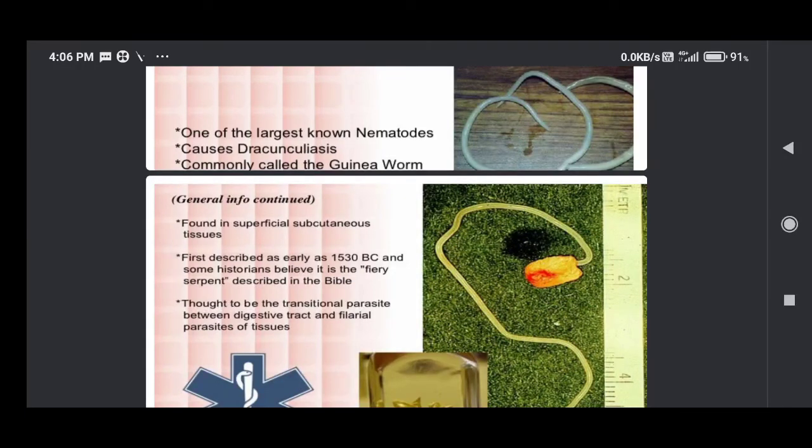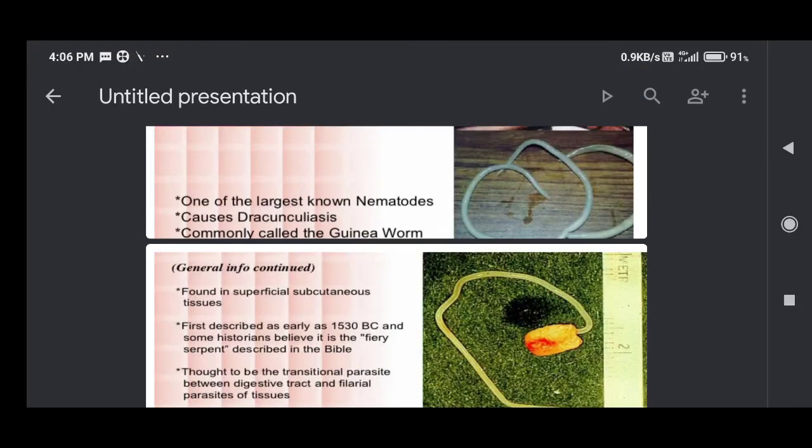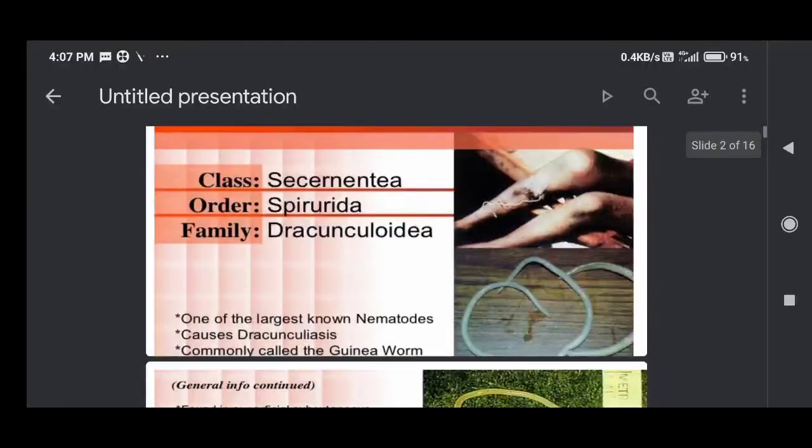The female size is very large, up to 60 centimeters, and the male is up to 30 mm. The male is very small, the female is large. Dracunculus medinensis is the largest parasite.